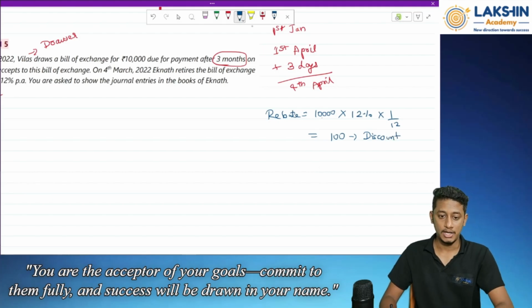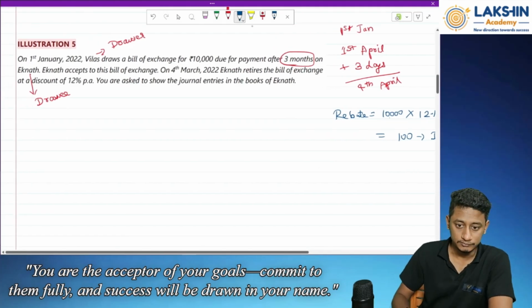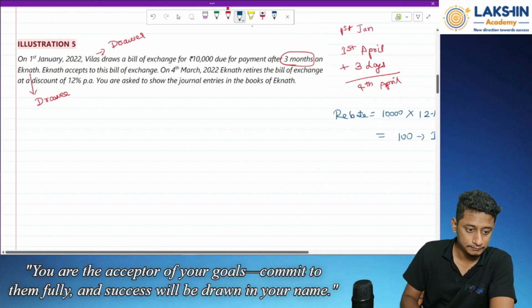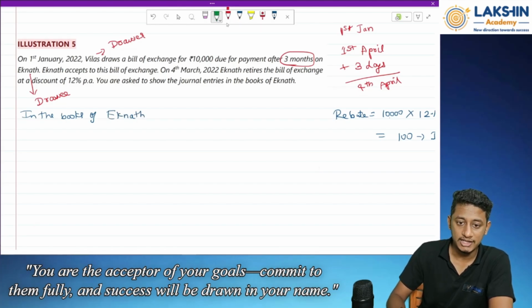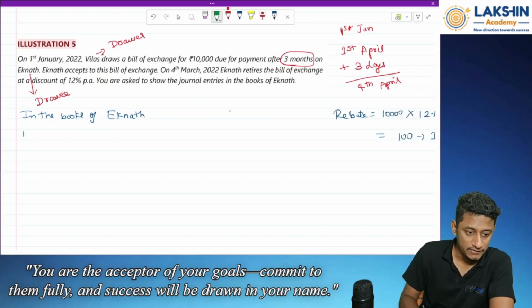Now, in the books of whom? In the books of Eknath, let's pass the journal entries. The first entry will be on the 1st of January for creation of bill.